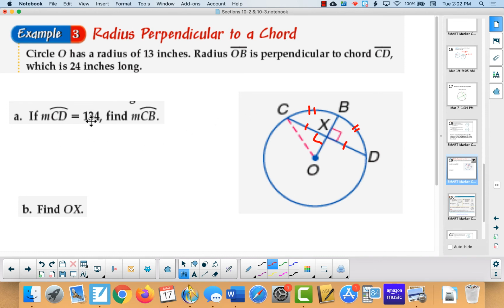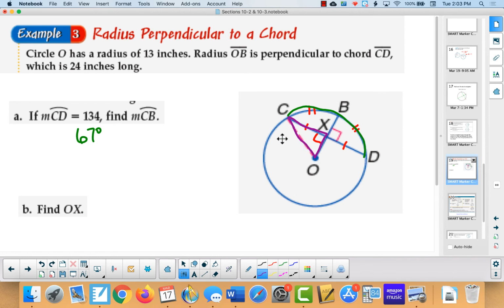If CD is 134 degrees, CB is going to be half of that, because CD would be this whole arc right here, and CB is going to be half of that, since this radius is cutting that arc in half. So then that would be 67 degrees.